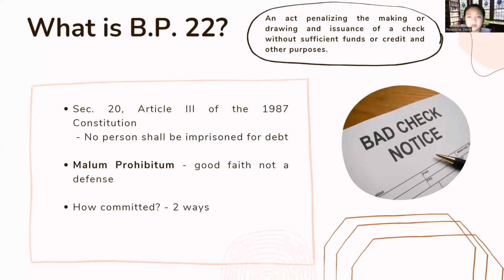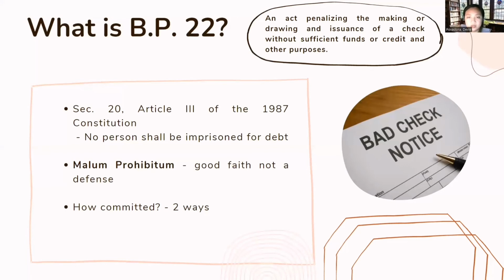The elements of the first manner of violating BP 22 are as follows. First, a person makes or draws and issues any check. Second, the check is made or drawn and issued to apply on account or for value, either full or partial payment for an amount which is owed, or purchase of a merchandise or service on credit.